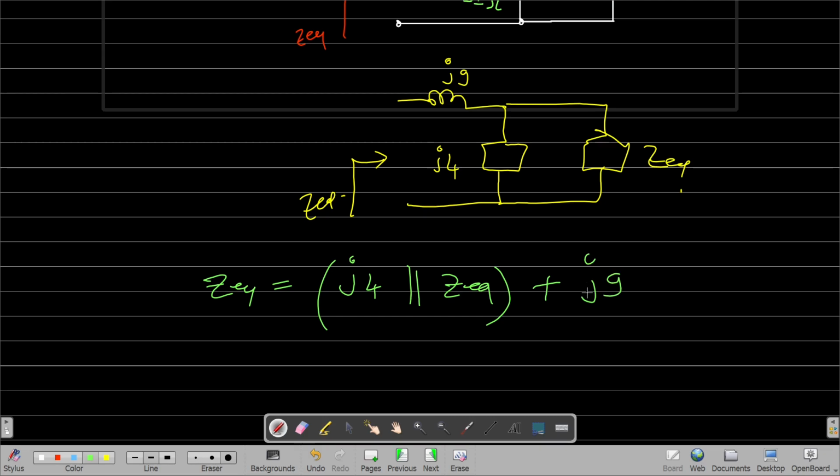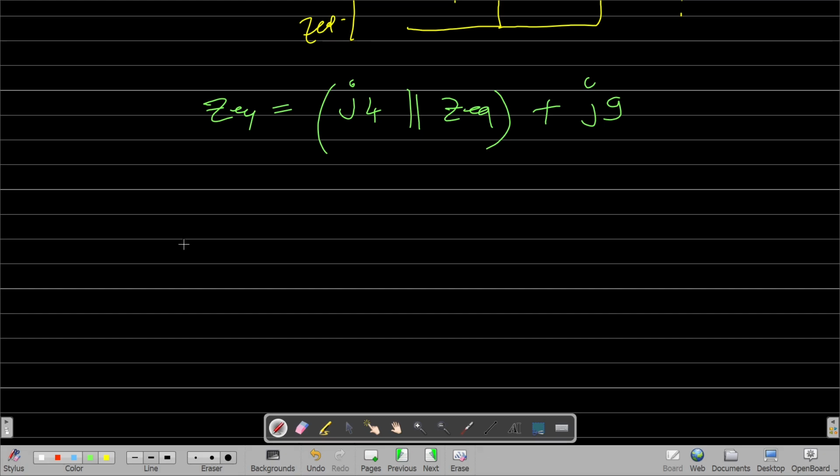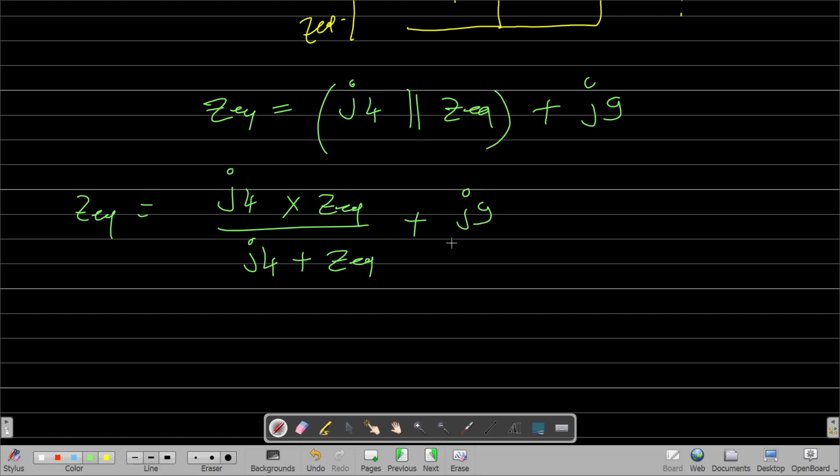Alright, let's simplify this equation. So this is Z equivalent equals J4 into Z equivalent upon J4 plus Z equivalent, plus J9.